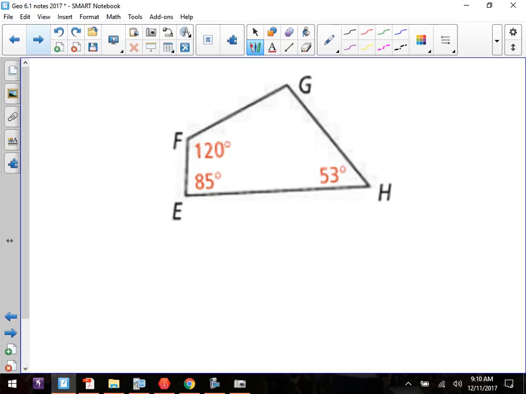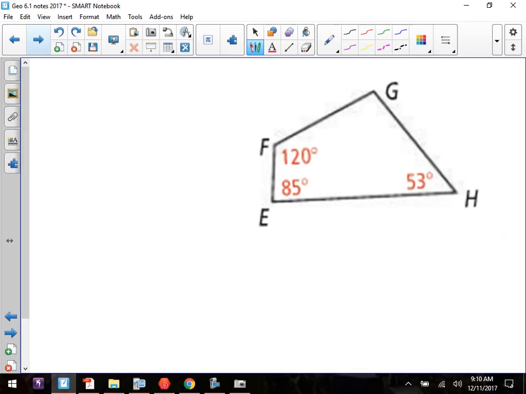Well, how many angles are there in this problem? There's 4 of them, which means how many sides are there? If you have 4 angles, how many sides are you going to have? 4. So if I'm trying to figure out what the last angle equals, well, if I have 4 sides, find the sum of the interior, 4 minus 2 times 180.